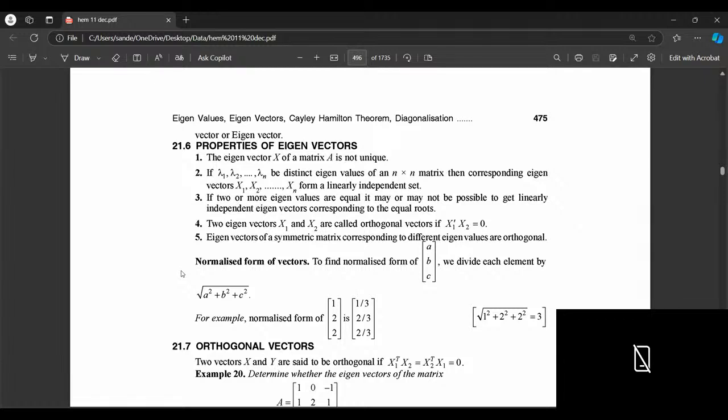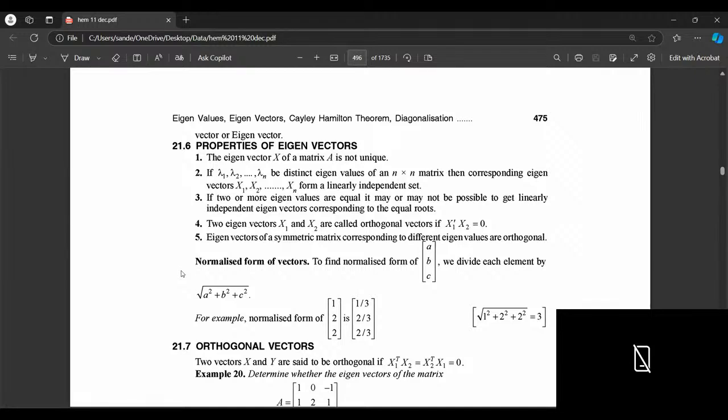Then also we have seen how to find the eigenvalues. To find eigenvalues, we require a square matrix. For any square matrix, first we have to write a characteristic equation.